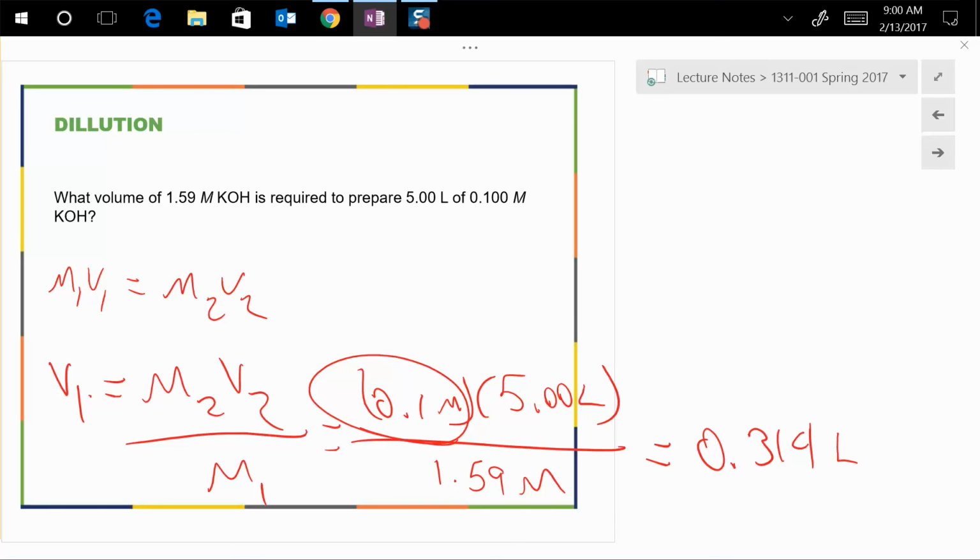So sometimes the question could ask, instead of what's the final volume, these are basically asking what are the initial volumes, what are the final volumes. But it could potentially ask, how much water would you need to add to dilute it to that concentration? Then what would you do? How would you determine how much water you would need to add?